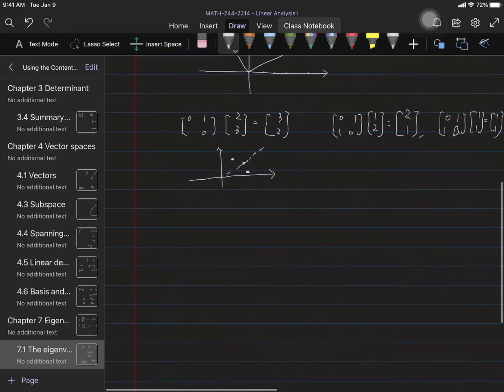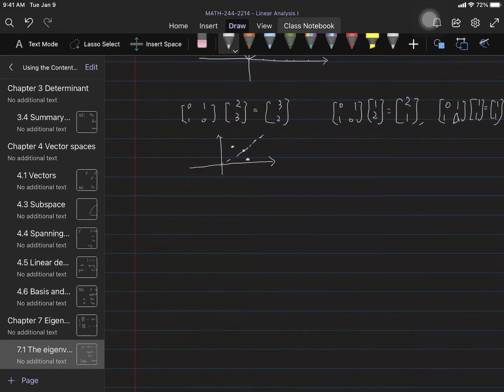Let's take a look at this transform: [3, 1; 0, 2]. If we do the product, we notice this is (-2, 2), and we can simplify this vector as 2 times (-1, 1).